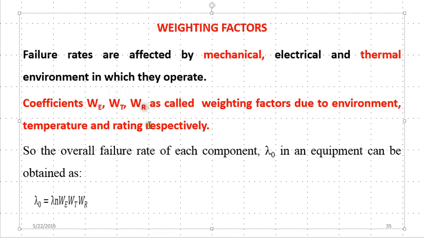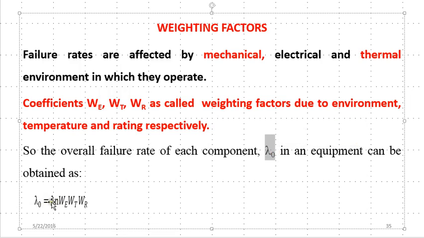And the rating has to do with the amount of current, voltages, frequencies at which we are expected to operate our devices. So if we take these weighting factors into consideration, our original failure rate, which is just lambda, will now change to lambda naught, which is the aggregate taking care of all these factors.